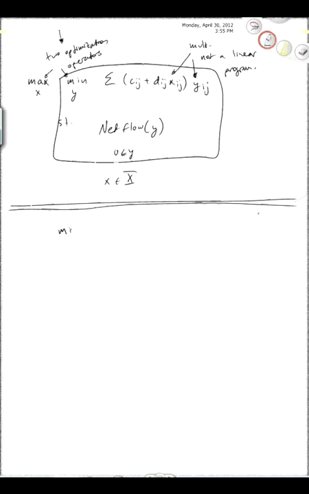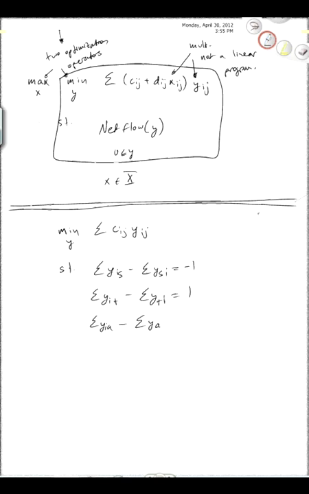A shortest path problem just looks like this: minimize over y, sum of c_ij y_ij, subject to all of our network flow constraints, and y being greater than or equal to 0. So this is just the shortest path problem.